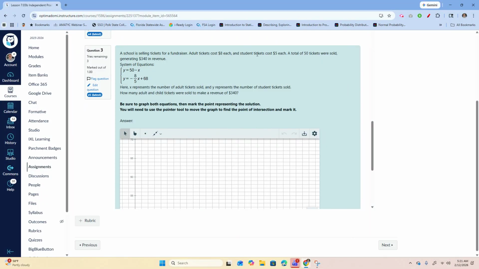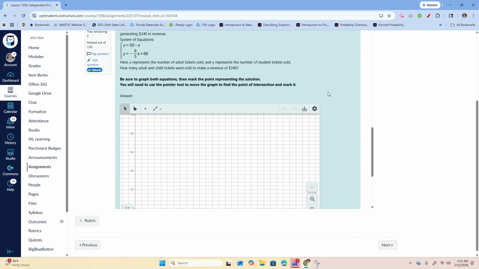A student ticket costs $5 each. A total of 50 tickets were sold, generating $340 revenue. So these two equations represent this story. And you can see that the two equations are already in the form y equals mx plus b.